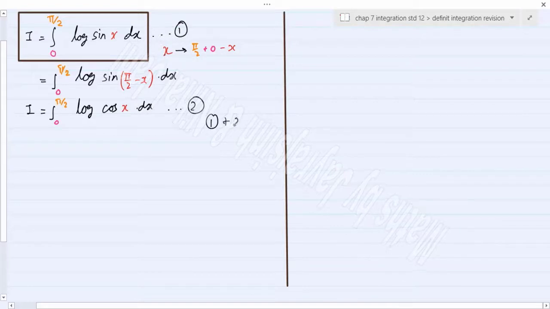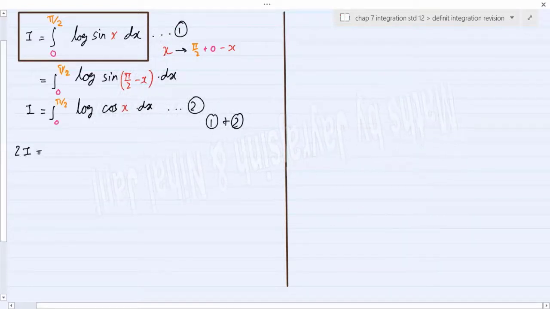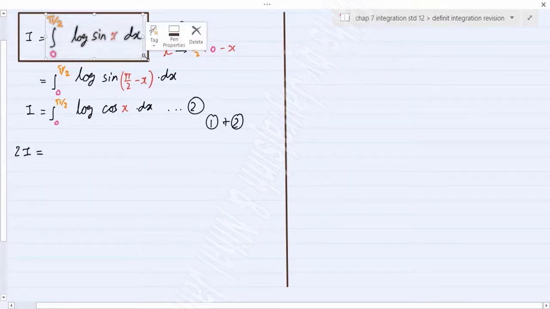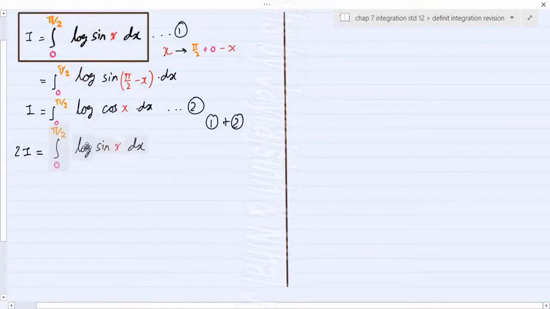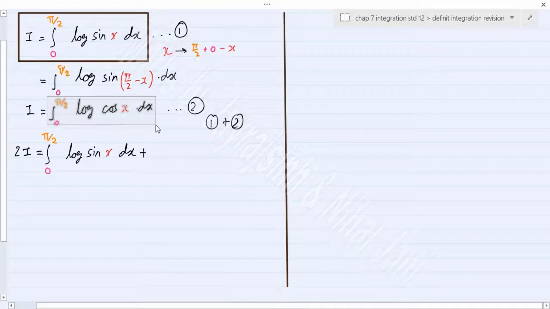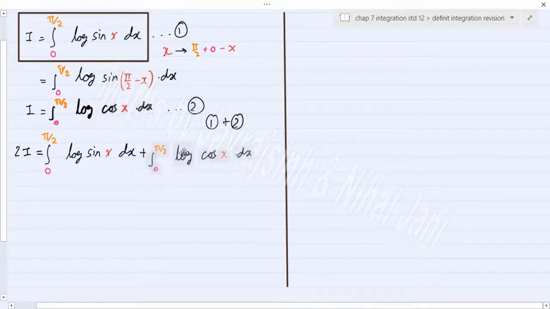Now let's call the first term equation number 1 and the second term equation number 2. Add equation number 1 and 2. On the left side we will get I plus I, or we can say 2I, and the right side of the first equation, put it over here, plus the right side of the second equation, place it over here.